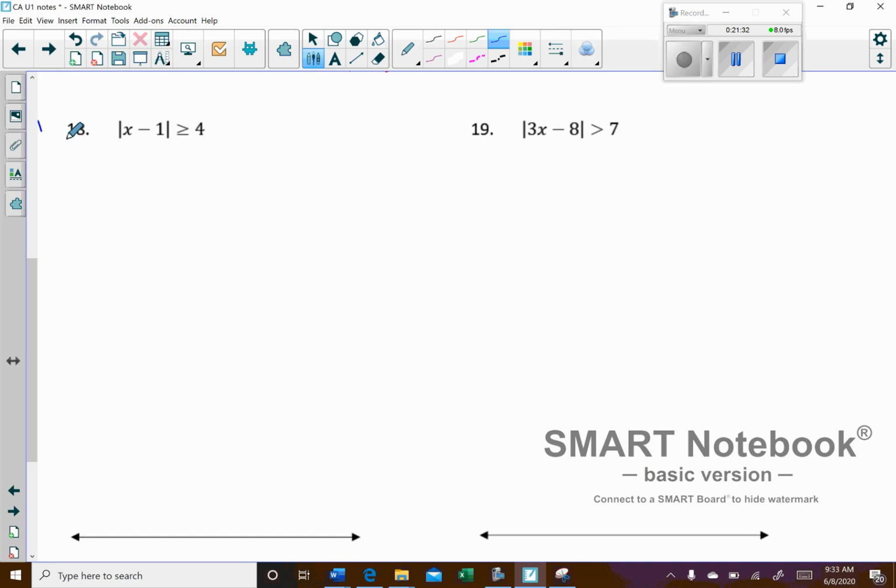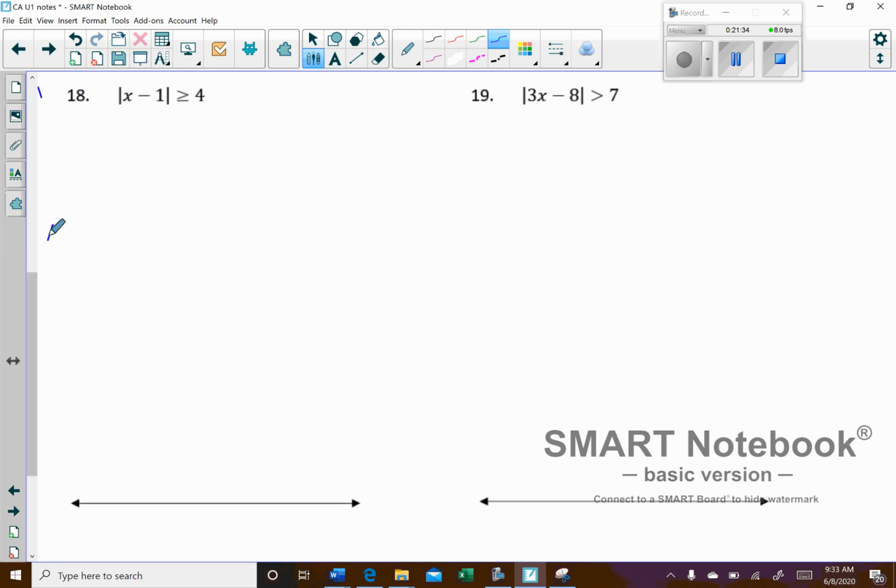If we look at 18 right here, we have greater than or equal to 4. So if you look at this, here's 0, here's 4, here's -4. You want to be at least that far away, so we're shading out from the 4 and -4.